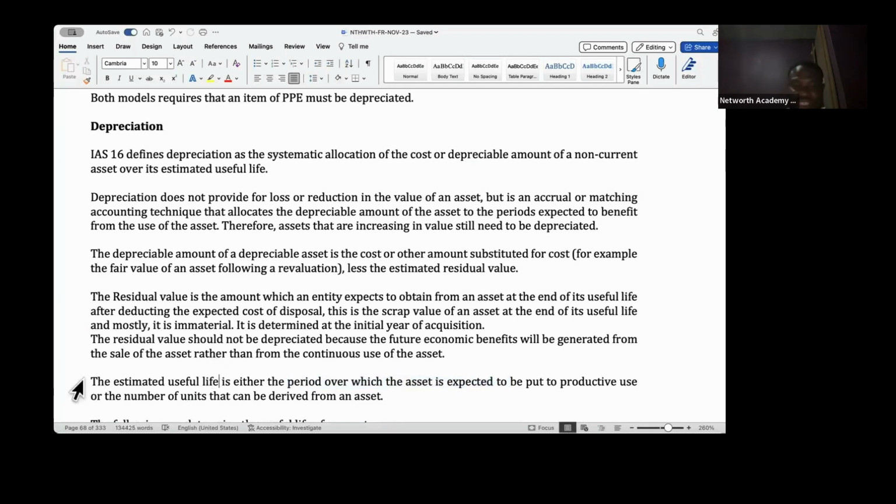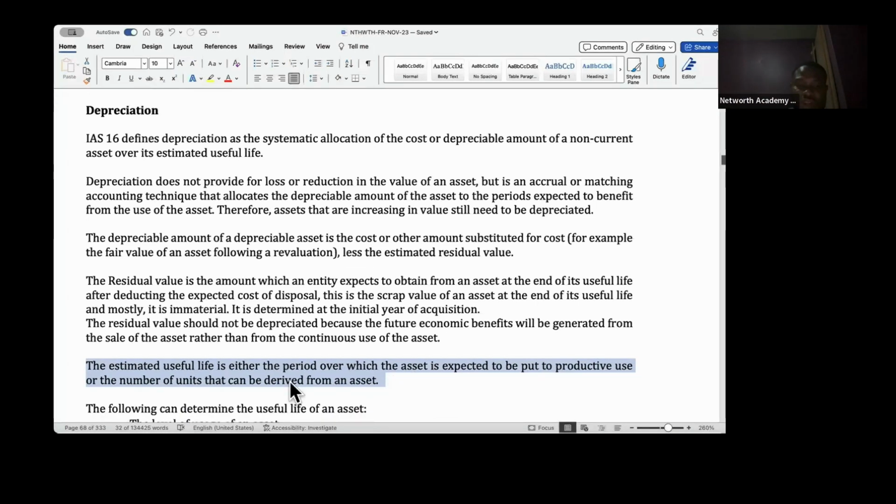So what this is telling you is, don't see useful life as just the period over which you are supposed to use an asset. It's not only that. It can also be the number of units you can derive from the asset. So useful life can be number of years, or the number of units. You will see questions that express useful life in units in this class.